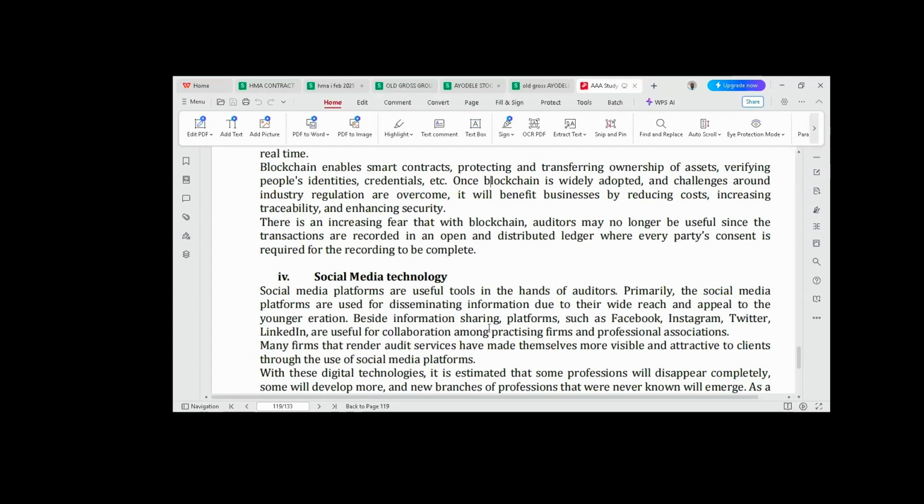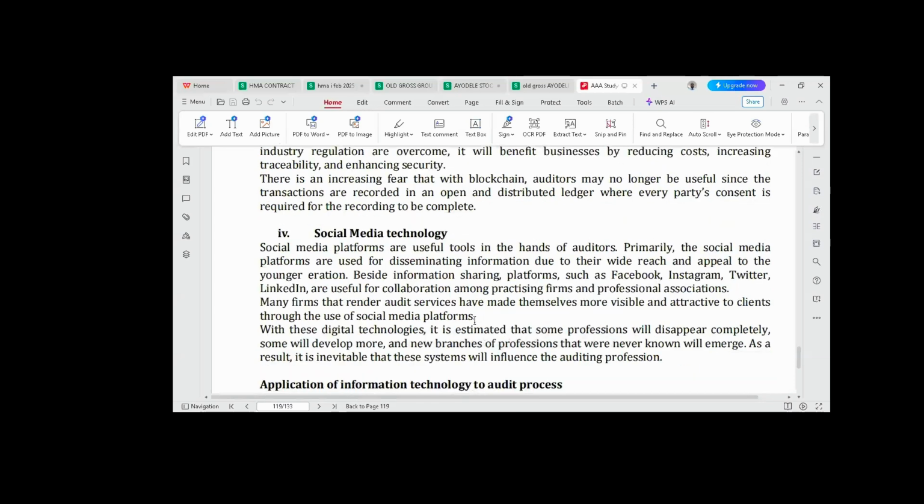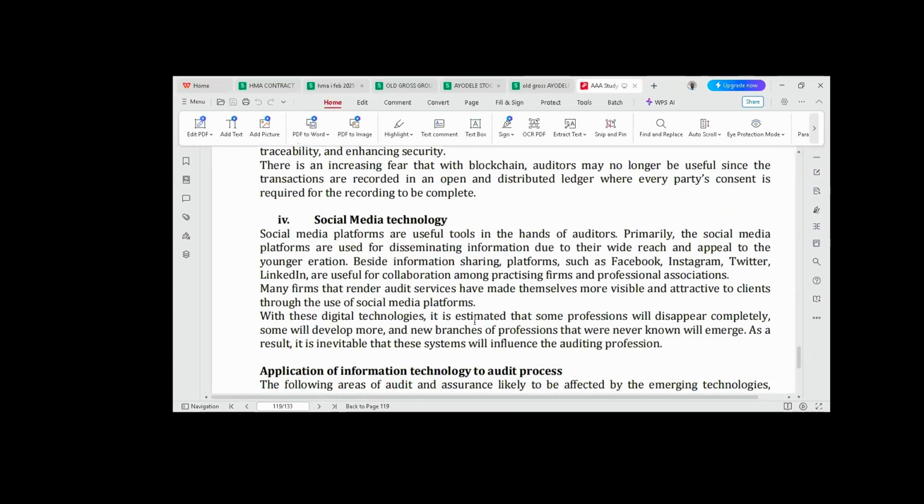Okay? So what that means is that the time wasted on trying to gain access to the audit firms or to the client would have been saved.